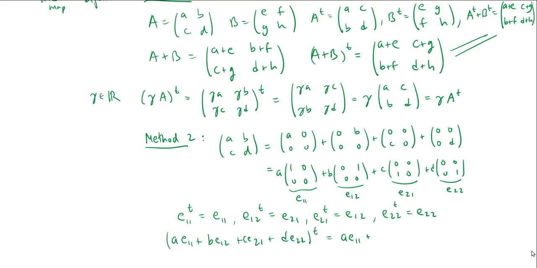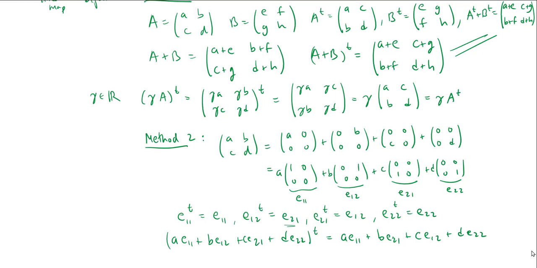But E12 transpose we set up above as E21, so this would be B times E21. Then the transpose of C E21, which is just going to be C times E12. And then finally D times the transpose of E22, which is just again D E22.